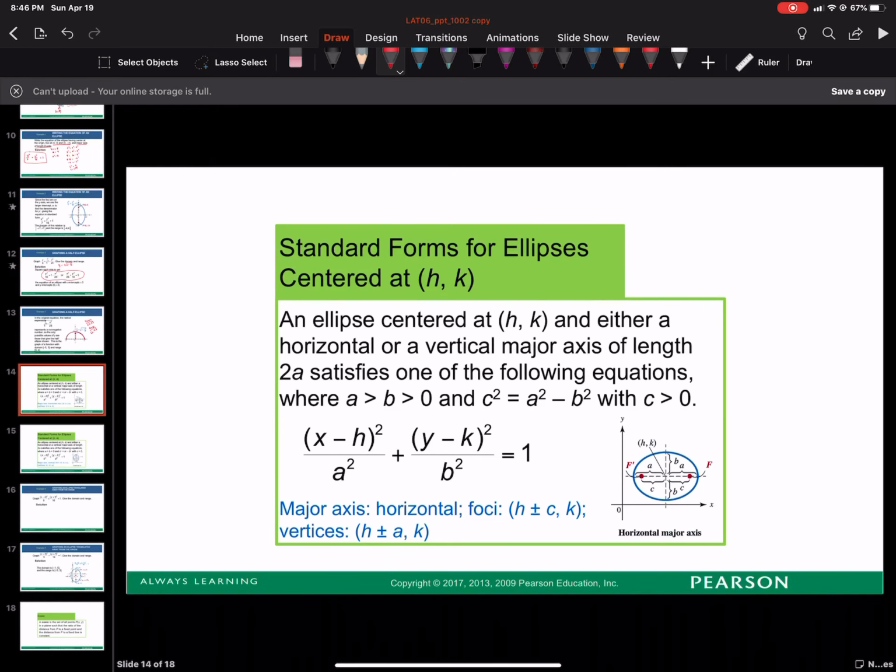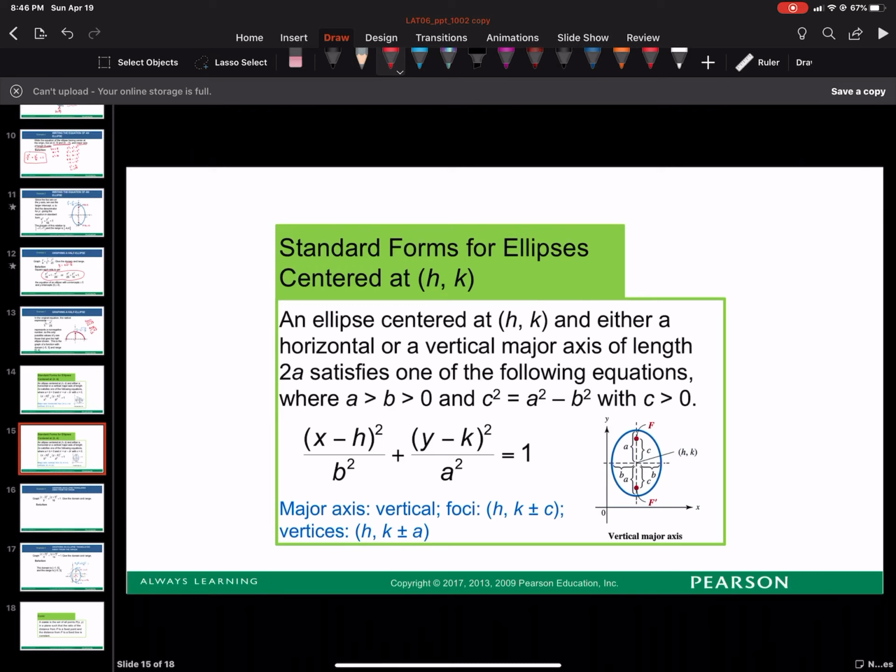So let's look at this same case, but with a vertical major axis. Everything reads the same until you get to the actual formula. So this is x minus h squared over b squared, with the same concept of having a and b, a being where the major axis would be, plus y minus k squared over a squared is equal to 1.